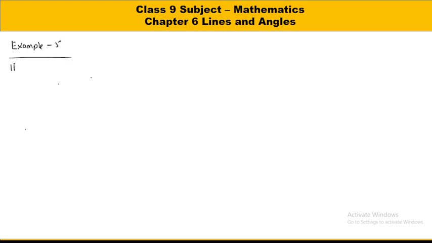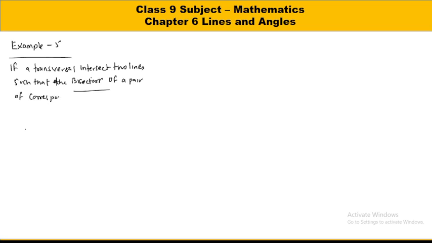Here the question is, if a transversal intersects two lines such that the bisector of a pair of corresponding angles are parallel, then prove that the two lines are parallel.